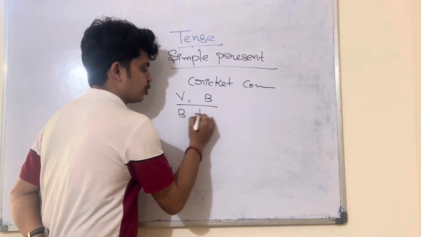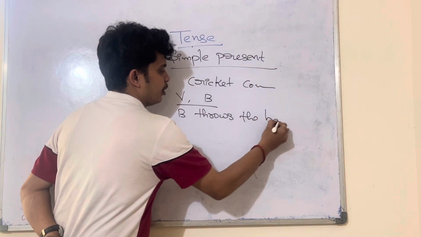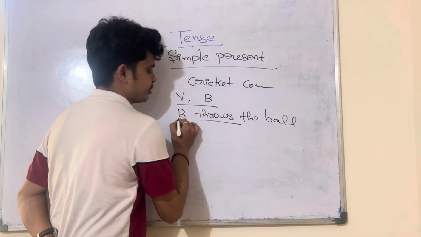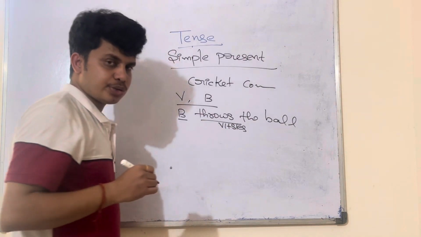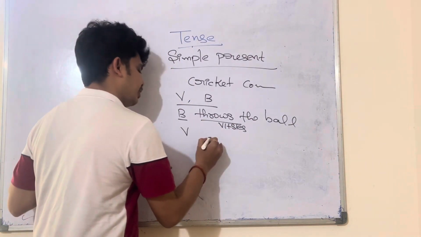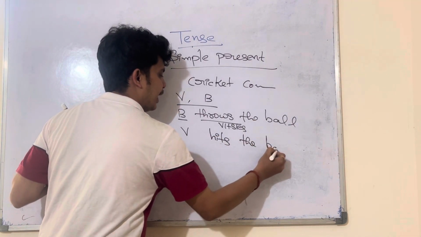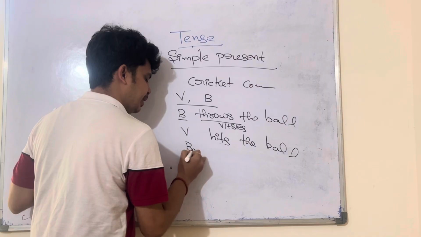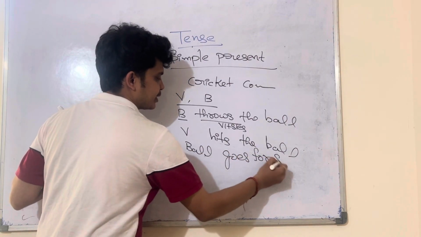Bumrah throws the ball. Why am I using throws? Because it's a name. So with a name, V1 plus s or es. Bumrah throws the ball, and Virat hits the ball, and as ball is a noun, the ball goes for 6.